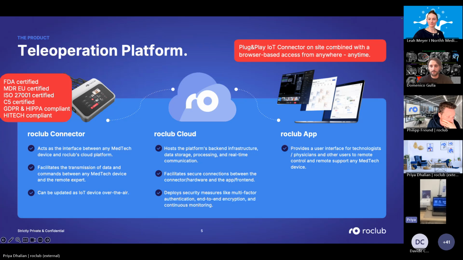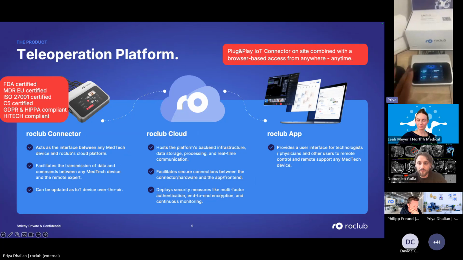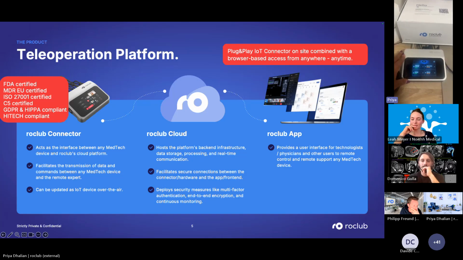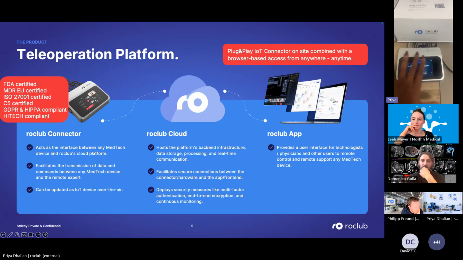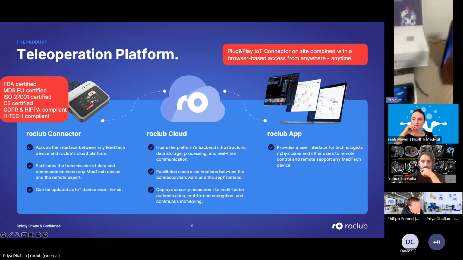All right. So this is what the device looks like. The roclub device, or the roclub connector, is a touchscreen device. So all of the operations that your radiographer or your specialist on site will need to engage with will be done via this screen. This device is connected to your medical system.